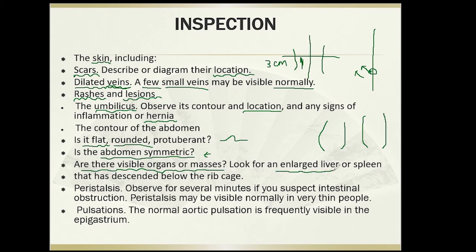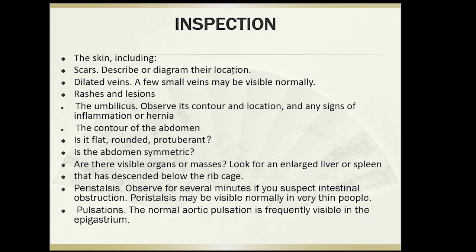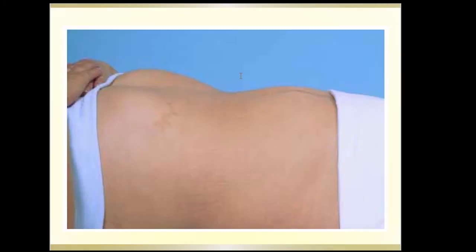And an enlarged liver or spleen. So basically in that area you can see the abdomen getting bigger. For example, let's go to the picture here. If a patient has a big liver, basically this part of the abdominal area will be pretty bigger. If it is mainly on the right side, that's a liver issue. If it is mainly on the left side, that's maybe a big spleen.